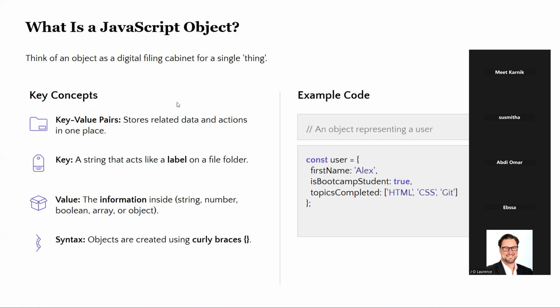So in this example, we have a user object here. The key first name has the value Alex. The key bootcamp student is true, and the key topics completed has an array as its own value. So that's what makes objects powerful. They let us keep different kinds of related data together in one structured place.